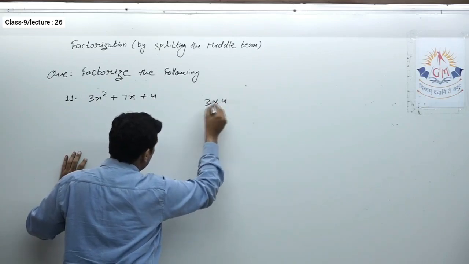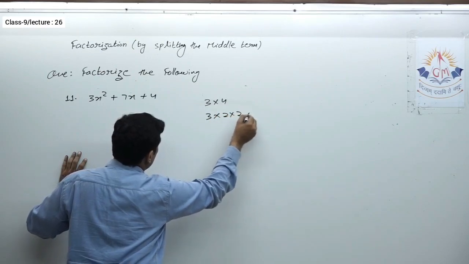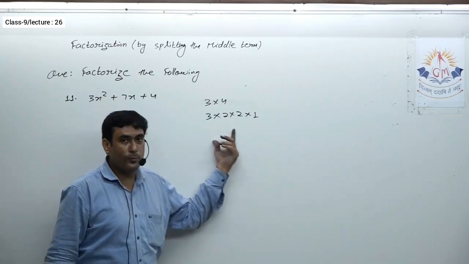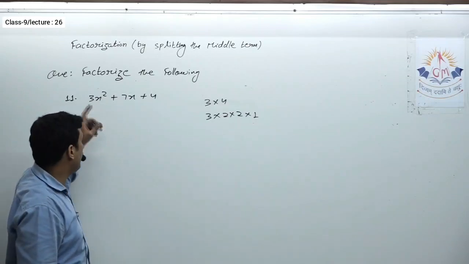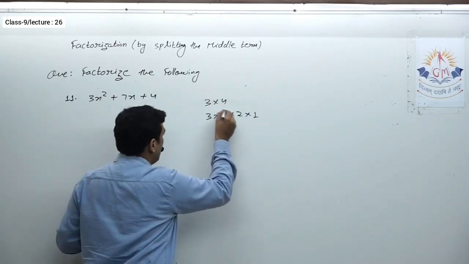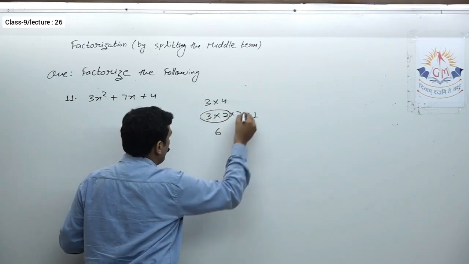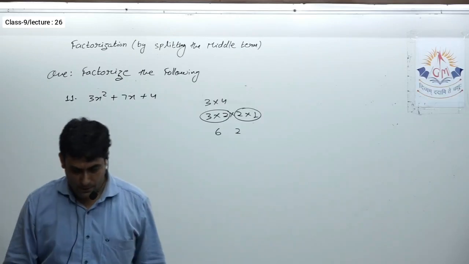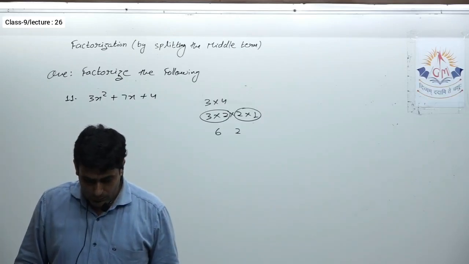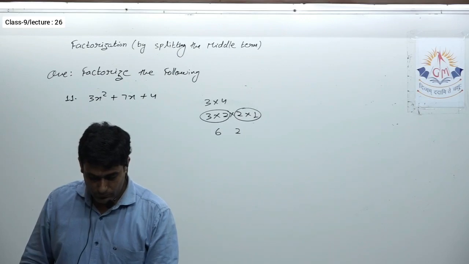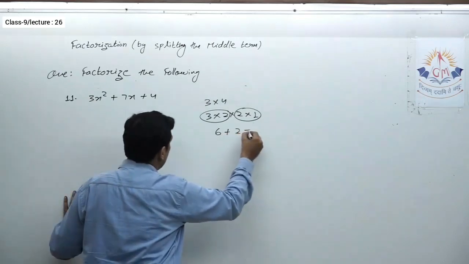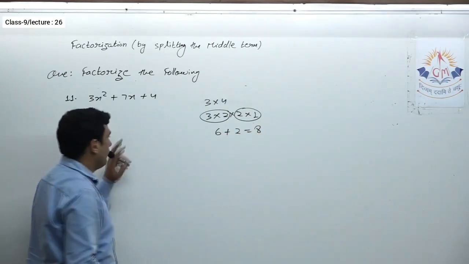Factors of 3 are 3 and factors of 4 are 2 into 2, and 1 we keep always. Now we have to make the groups so that the middle term becomes 7. If I take these two together, that gives me 6, and these two together, that gives me 2. Their sum will be 8, their difference will be 4, but we need 7.